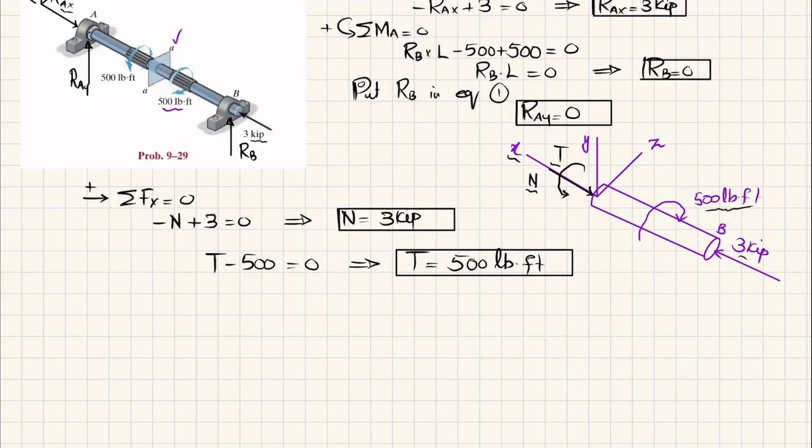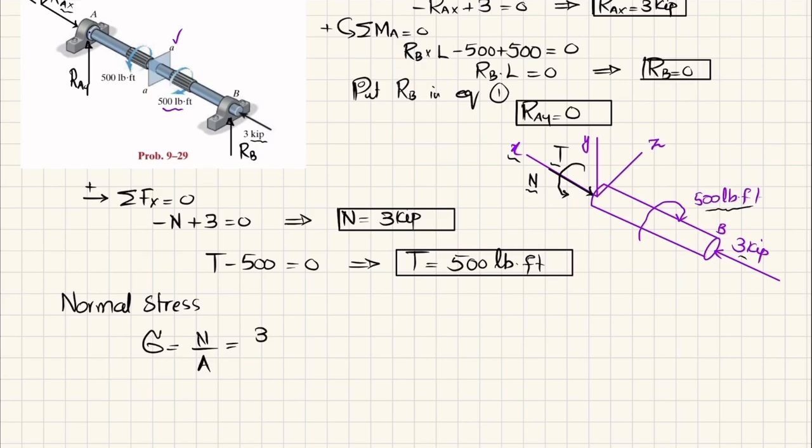Now due to this normal force we will have normal stress, and due to this torque we will have a shear stress acting on it. So first we will find the normal stress. Normal stress will be equal to force per unit area. So N is given as 3 kips, and that is compressive load. You can see that this is compressive, causing the shaft to compress.